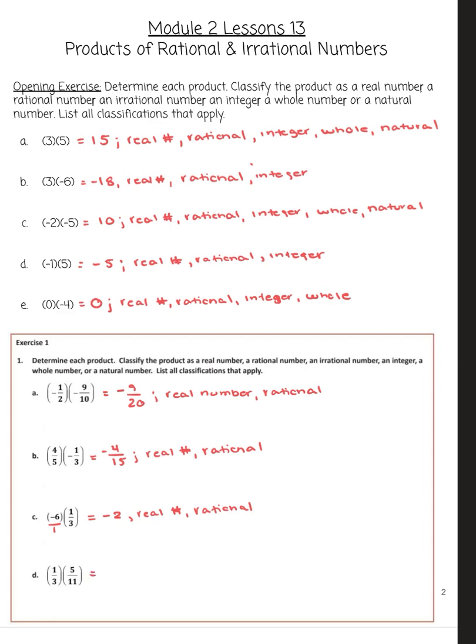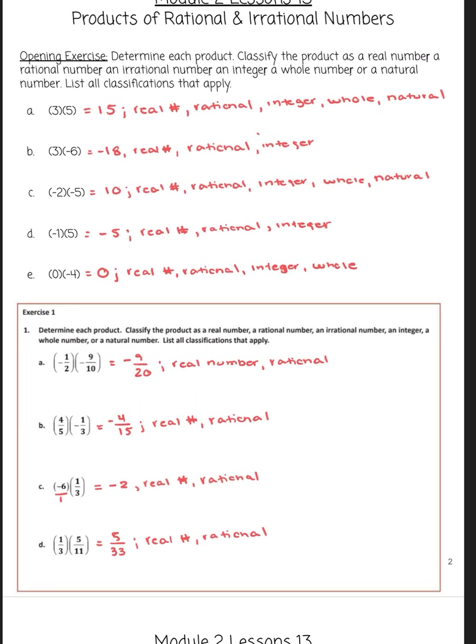So we have 5 times 1, which is 5, 3 times 11, which is 33. And we can classify this number as real and rational, because what separates rational from irrational is that rational numbers can be written as a fraction.